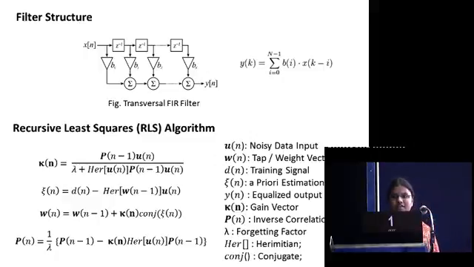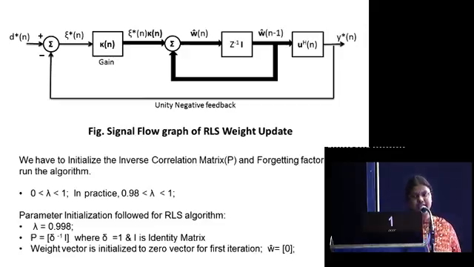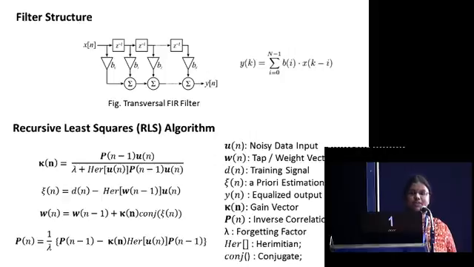Here, if you see the equations that run in the background of the algorithm, if u of n is an input signal, then first a gain vector is calculated. The gain vector will depend on a correlation matrix P of n and the input, and an estimation error is generated.